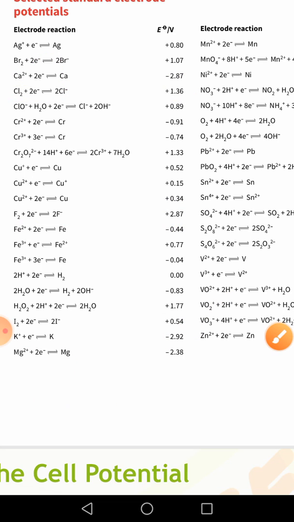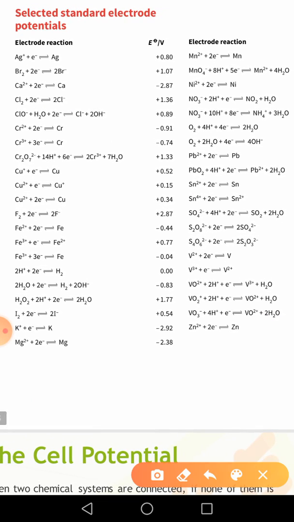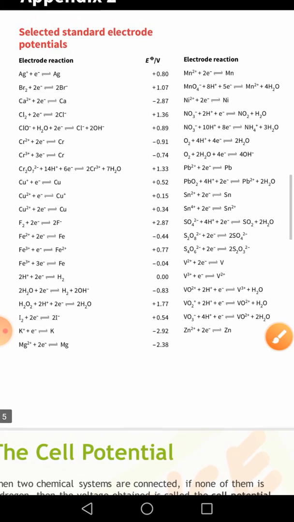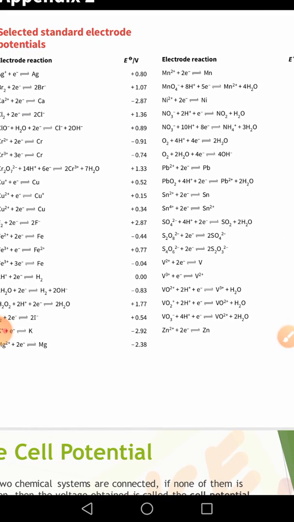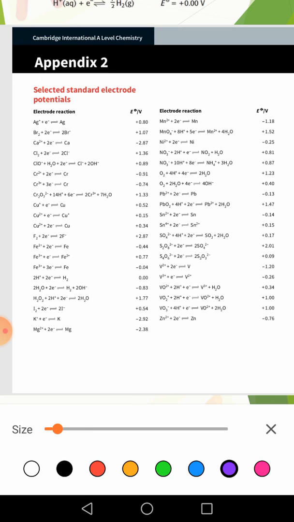No, there is one more thing left, the concentration factor. Okay, here I am asking you to focus on the values of chloride and hydroxide.